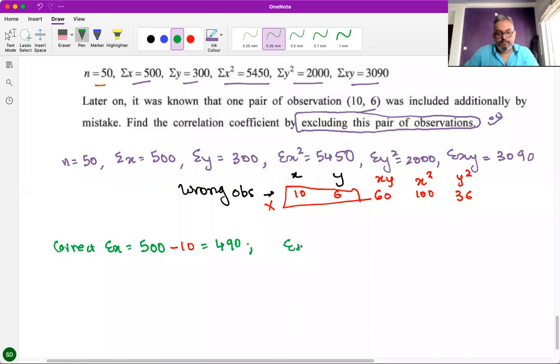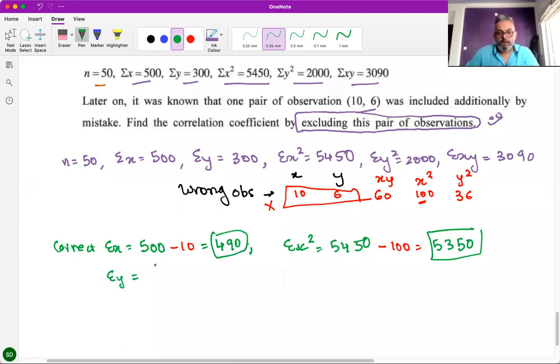Correct sigma x square is equal to 5450 minus 10 ka square, that is 100, which is equal to 5350. Then correct sigma y is equal to 300 minus 6 is 294.